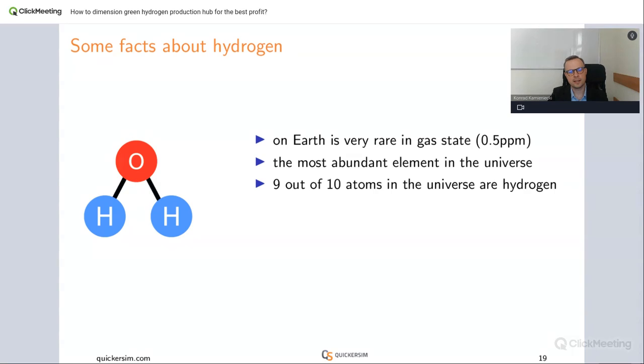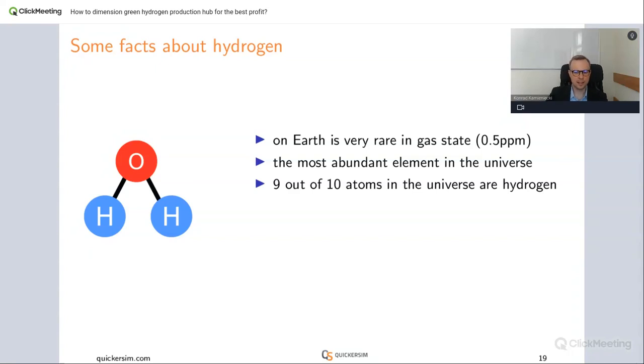But this is pretty strange because it is the most abundant element in the universe. Actually, as you can read here, 9 of 10 atoms in the universe are hydrogen. The hydrogen was produced during the Big Bang at the beginning of our universe 14 billion years ago.